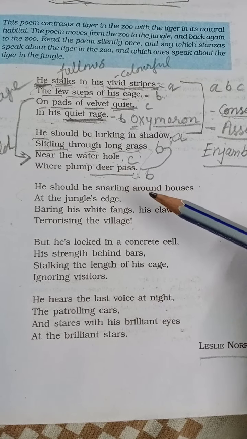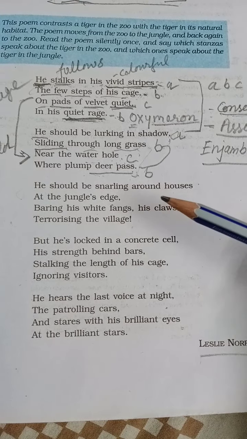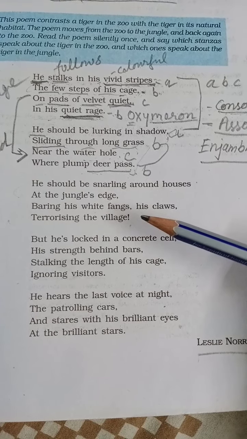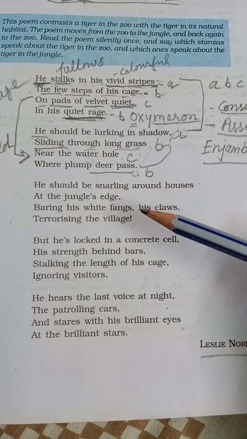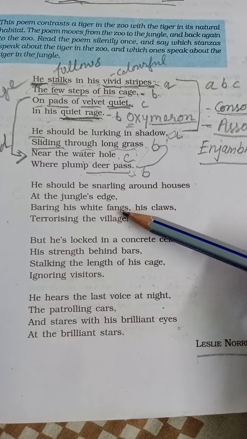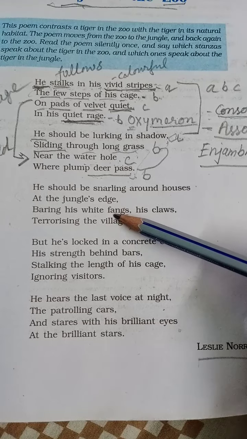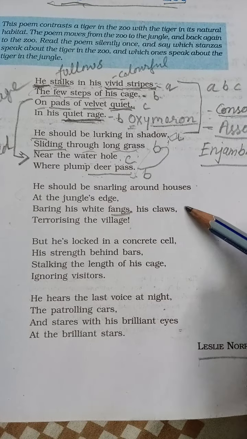A tiger can be seen even on the edge of the forest, baring his white fangs. Fangs means white teeth, baring his white teeth, uncovering his white teeth. His claws also.